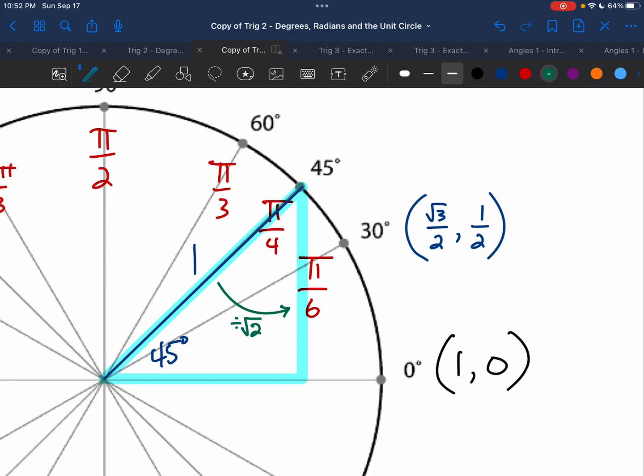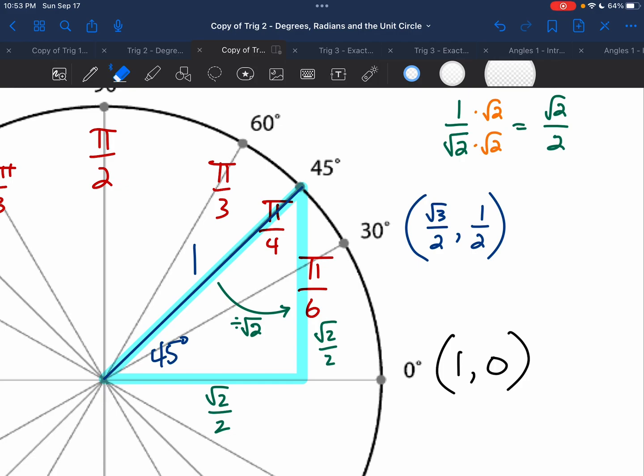This one does require a little bit of knowledge of reminding yourself that 1 divided by the square root of 2 means, oh yeah, just like we talked about last time, you might have to rationalize the denominator here and there. Square root of 2 on the top, 2 on the bottom, and you get yourself the length of both your height, and because it's a 45, 45, 90, a right isosceles triangle, your x and your y values are exactly the same.